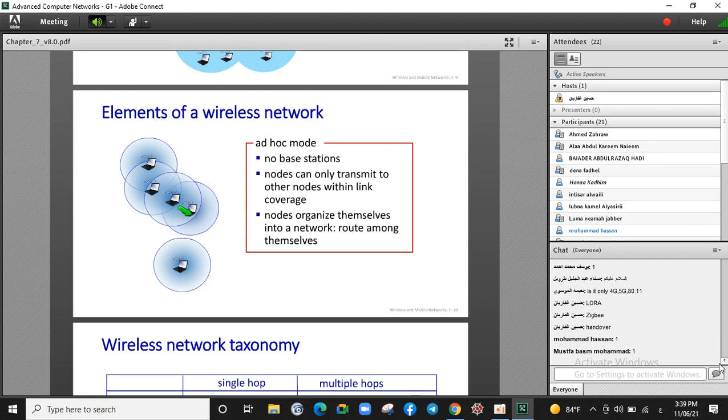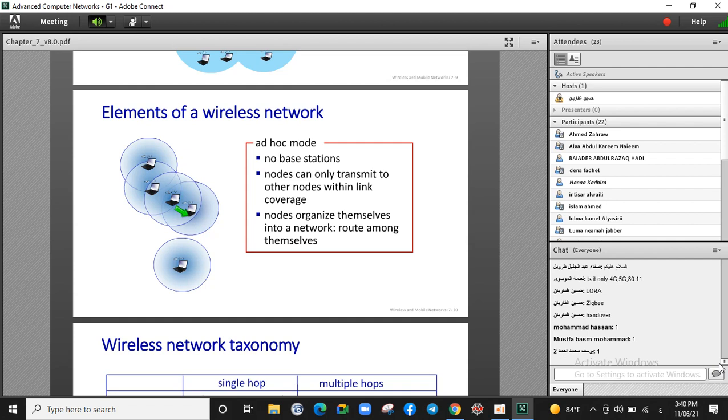It means that all the nodes in an ad hoc mode network act as a relay, as a router, as a wireless router. They forward the packets, receive packets from other nodes in the wireless network. So they act as a wireless router.